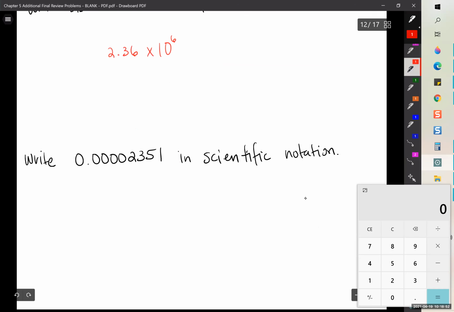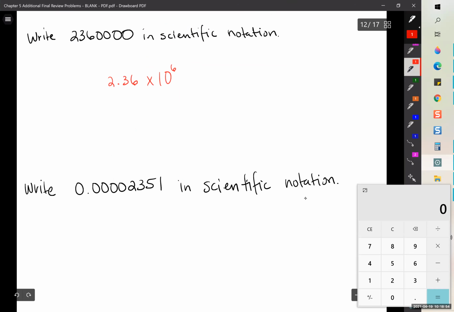Now the next one is a very small number, so we already are anticipating when we write it in scientific notation, it should be to a negative number. Similarly, we find the decimal place and move. It's here. 1, 2, 3, 4, 5. Now at this point I stop because right now it's 2.351, and if I go over one more, it would be 23.51, and we know it should be less than 10.